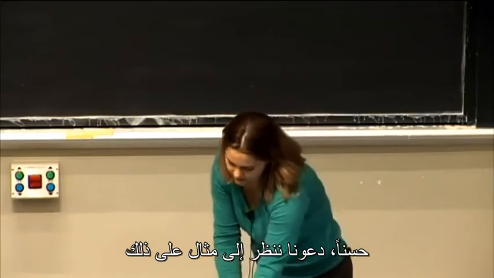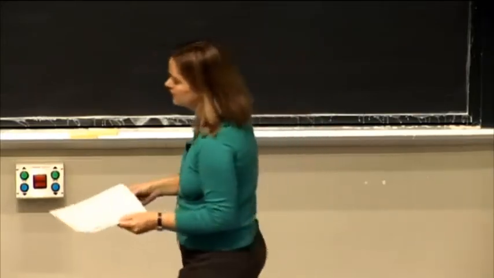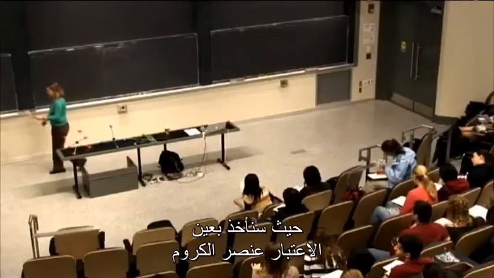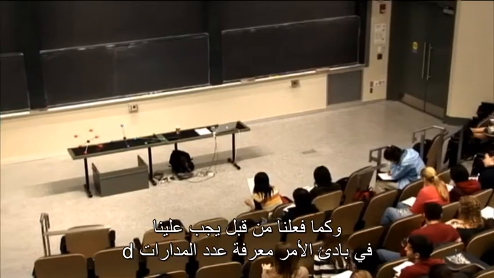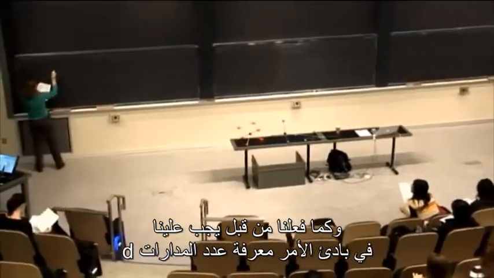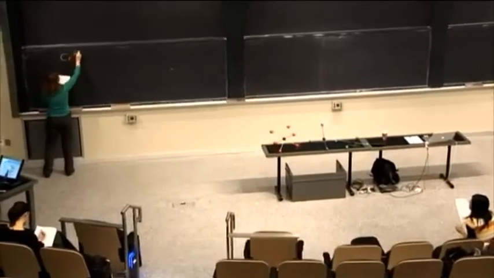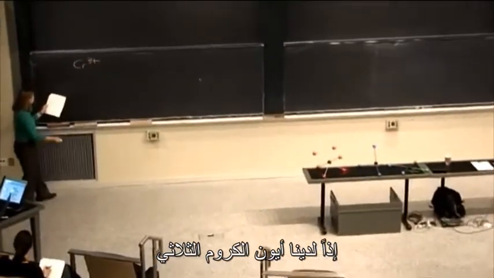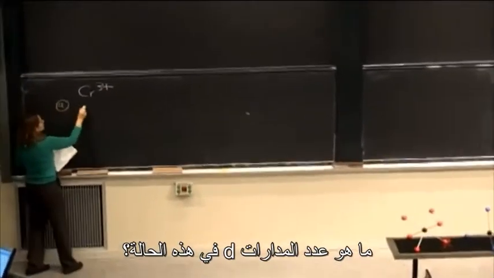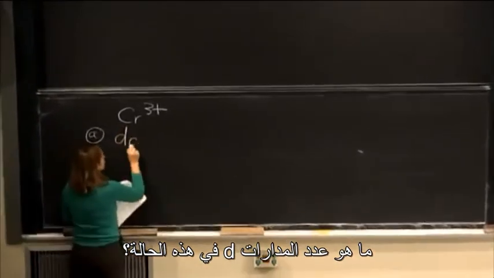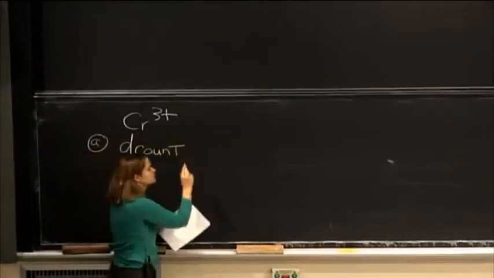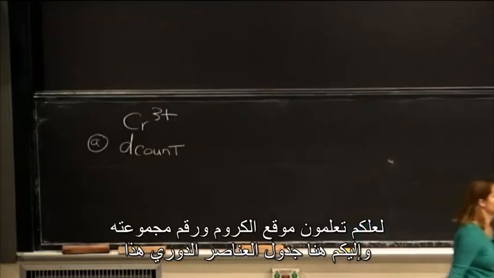All right, so let's look at an example. We're going to consider a chromium. And like we did before, we have to first figure out the d count. So we have chromium plus 3. So what is our d count here? You know where chromium is, what its group number is. Here is a periodic table.